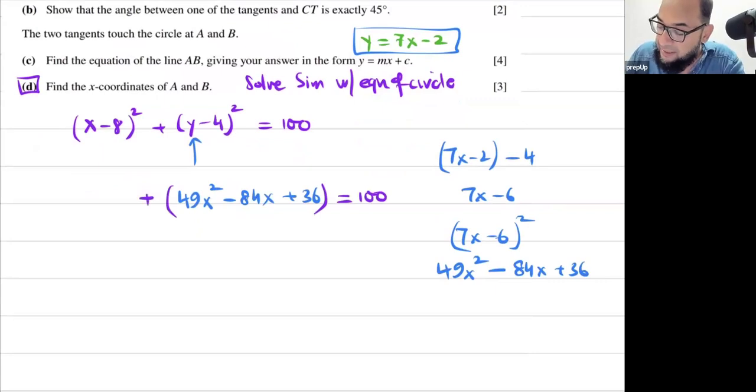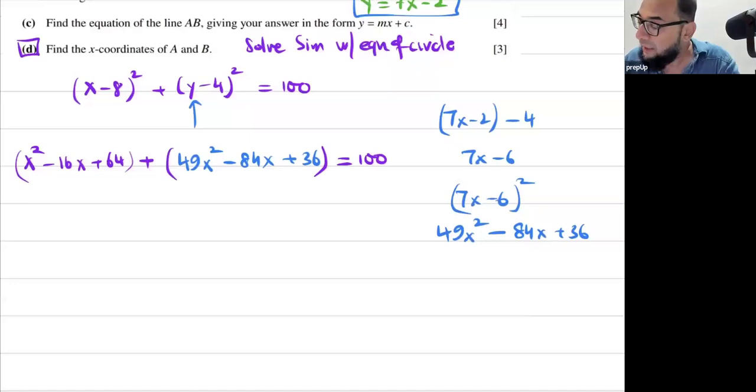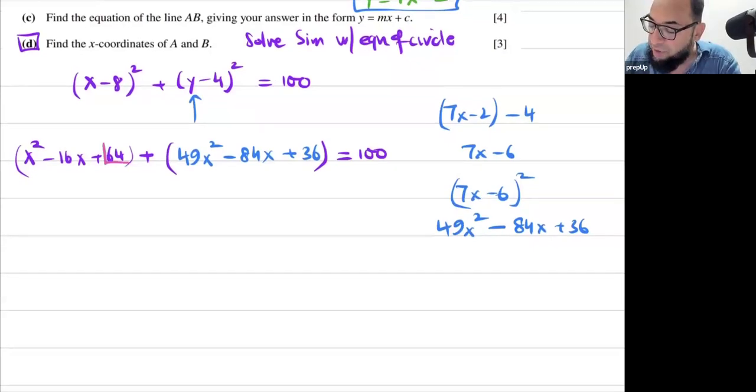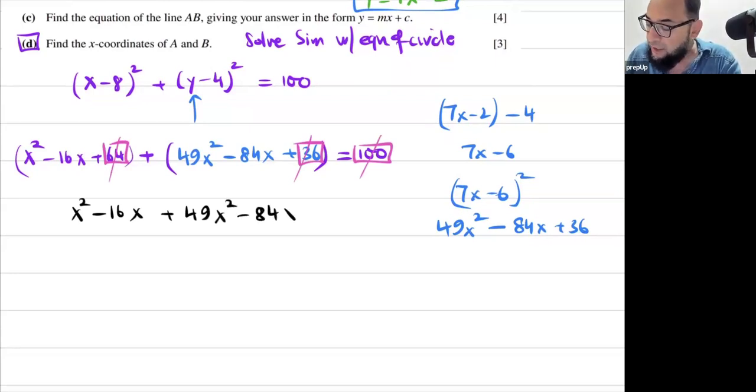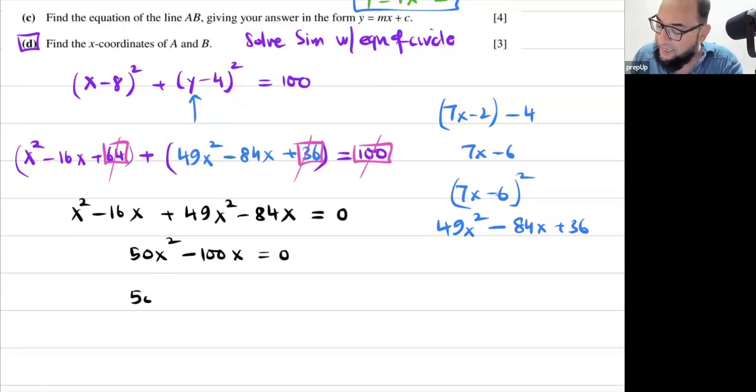We have this thing. This is x squared minus 16x plus 64. So now what cancels out? We have 64, we have 36, we have 100, so all these cancel out. And then we have x squared minus 16x, this is 49x squared minus 84x equals 0, and x squared plus 49x squared is 50x squared, and 84 plus 16 is 100x equals 0, 50x times x minus 2 equals 0.